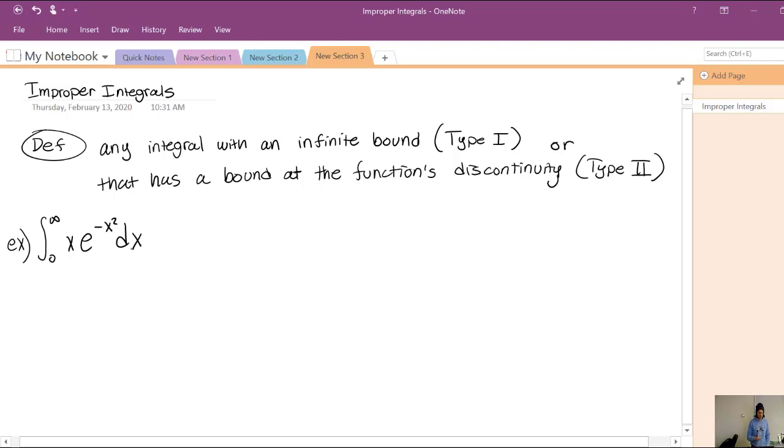The way we deal with this, in the case of type 1, having an infinity in the boundary, is that instead of writing this infinity right here, we just replace it with a variable whose limit is going to infinity. And it can be any variable, it just can't be the same one as that variable.